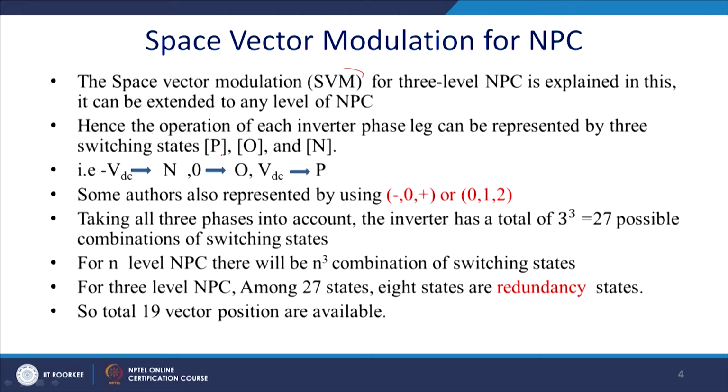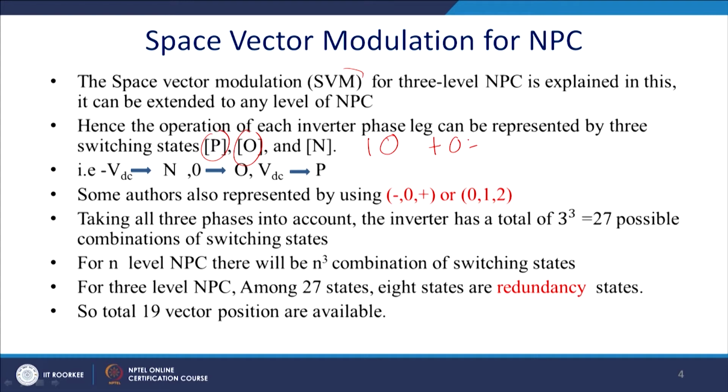Basically the switching states are P, O and N. For a 2-level inverter, we are happy with 0 and 1, but for a 3-level we generally choose this one, or sometimes write plus, 0, minus.